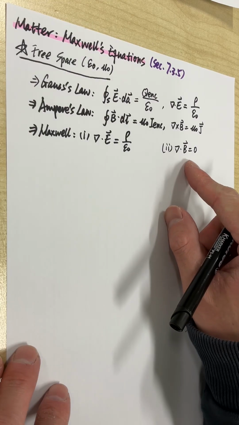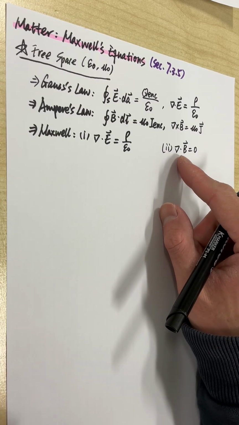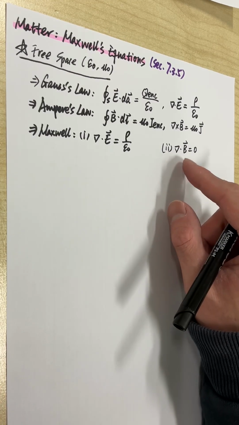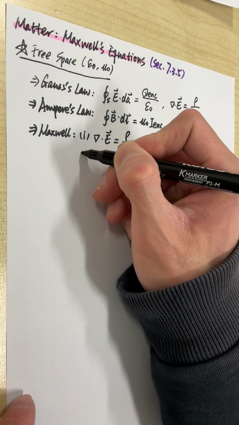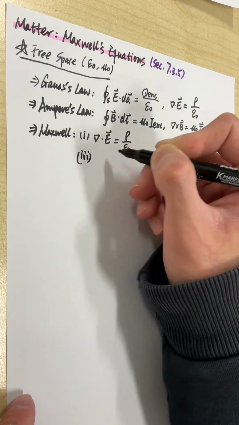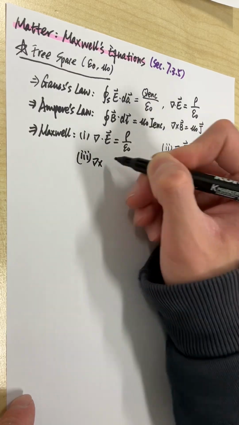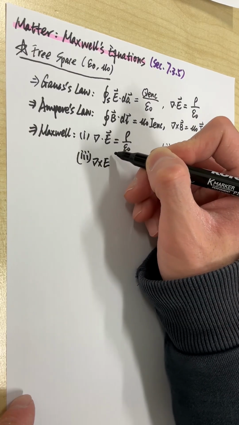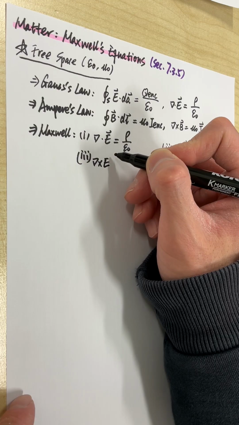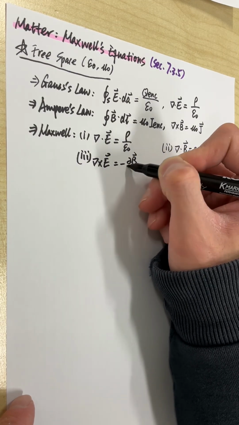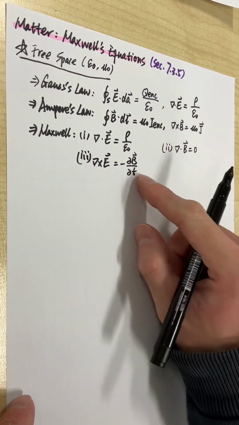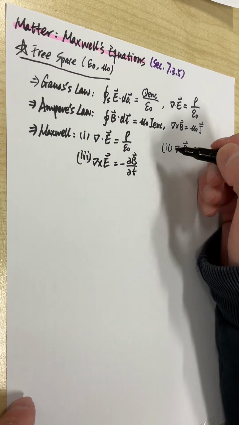No one directly named this, no one directly claimed this, but you can calculate this from the Biot-Savart law. And then the third one is the curl of the electric field equals minus dB/dt. This is given to us by Faraday.